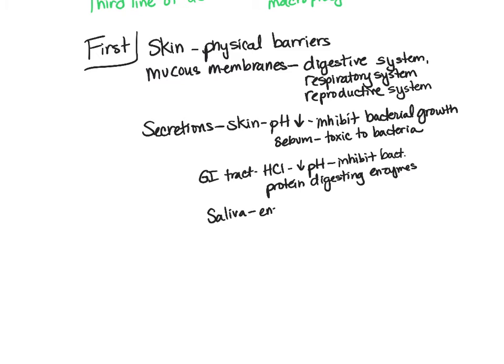We have enzymes in our saliva that are going to break down the bacteria, try to kill the bacteria, and also in our lacrimal fluid, our tears. In both of these, we have something called lysozyme. And that's the enzyme that destroys bacteria. Also, we have mucus, right? So part of these secretions is the mucus itself.